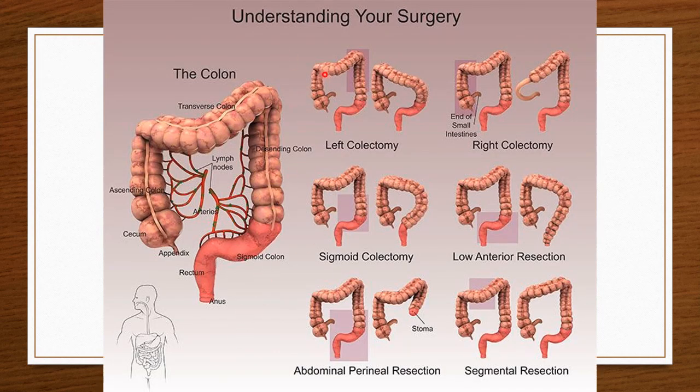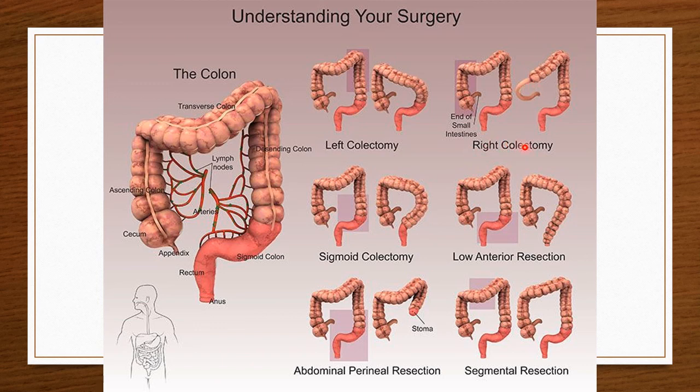This is a summary diagram to show all the various types of colectomies or hemicolectomies that are popularly done these days. Okay, you have a right hemicolectomy here, where the right colon is removed, and then the terminal ileum is anastomosed with the transverse colon.